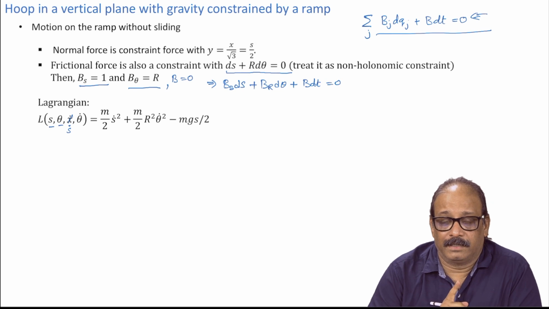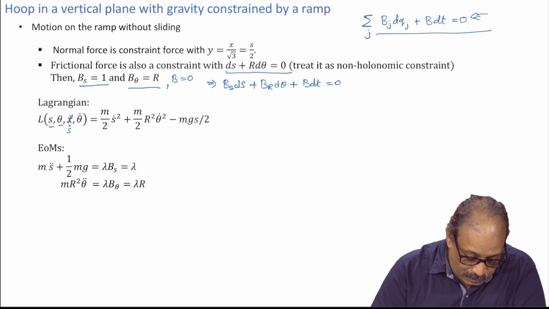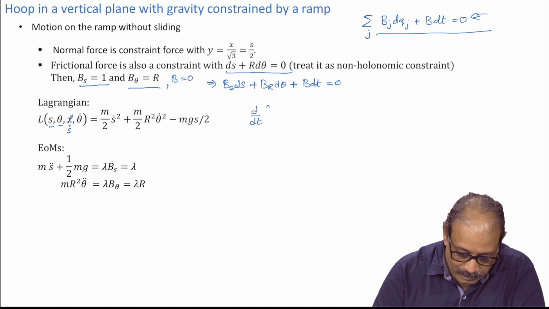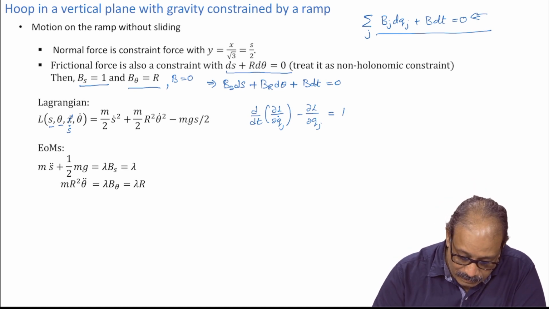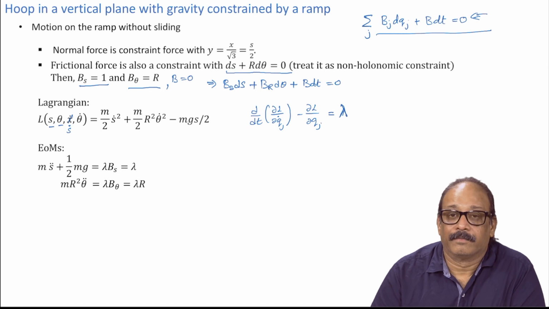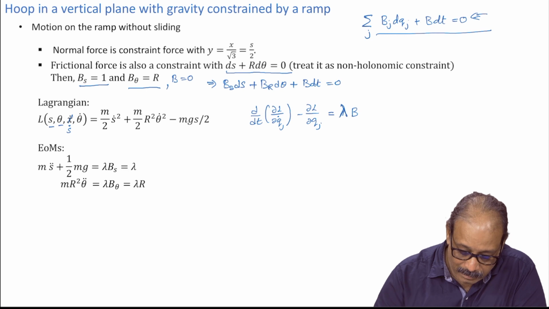The Lagrange's equation is d by dt of del L by del Qj dot minus del L over del Qj, and on the right hand side you have lambda, which is the undetermined multiplier, multiplied by Bj.